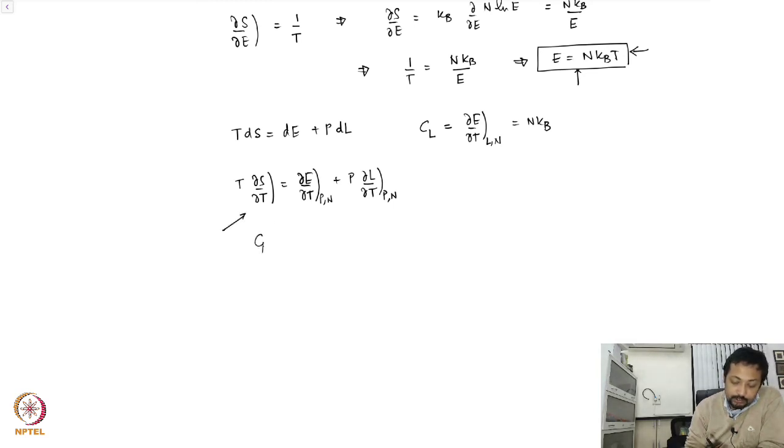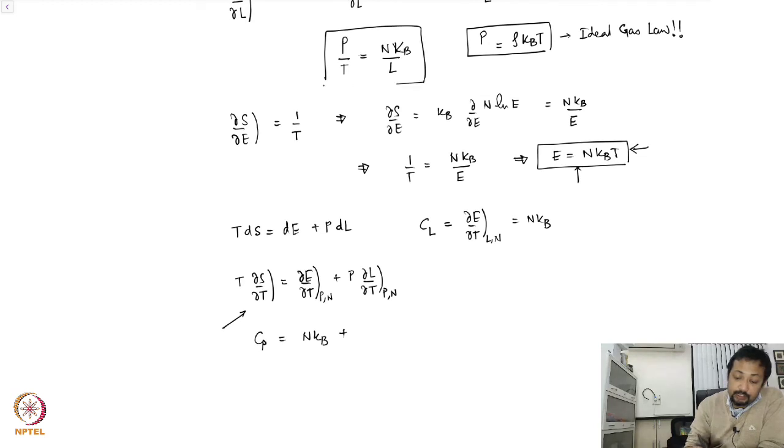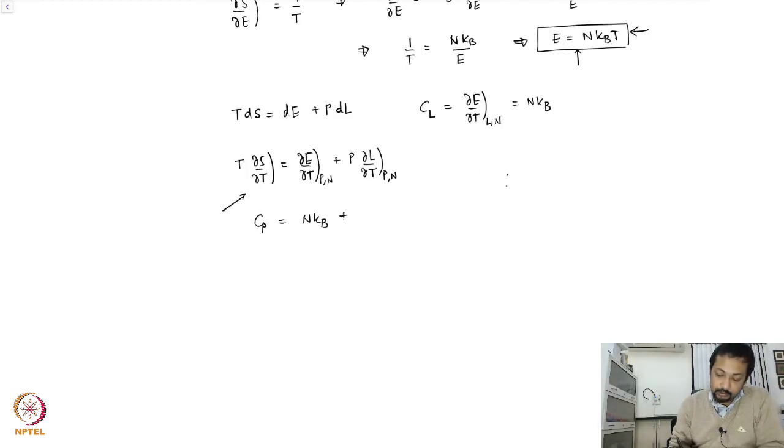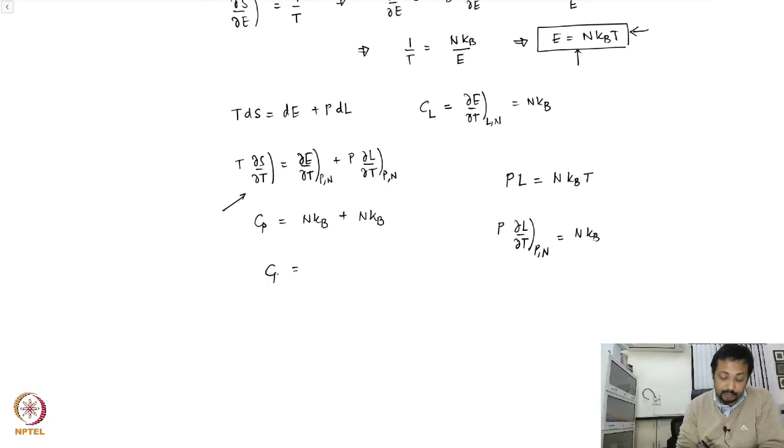This quantity is your C_p and this quantity is your n k_B, plus if you look at your equation of state, which tells you P times L is going to be n k_B T, and since I'm taking the derivative with P and n held constant, therefore P del L del T at P and N constant is going to be n k_B, so that this term gives you an additional n k_B, and therefore the specific heat becomes twice n k_B.